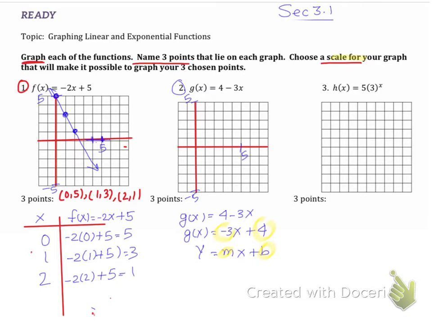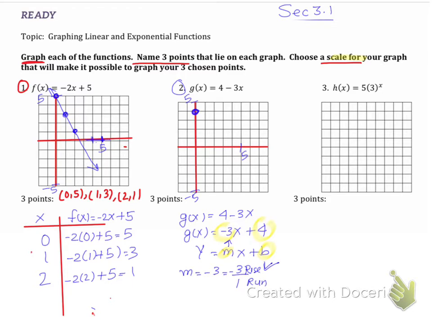I'll just mark my points now. If you don't want to create a table, you can directly graph it from here. You always start with the y-intercept, that's b, so that is here, 4. Once you have the y-intercept, your slope is negative 3, which means negative 3 over 1, that is rise over run.